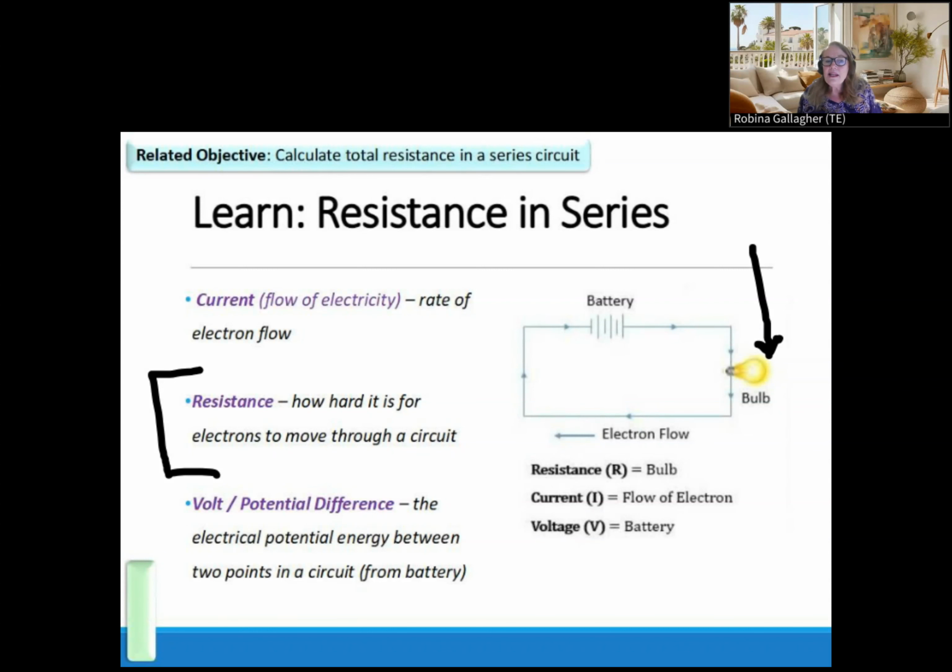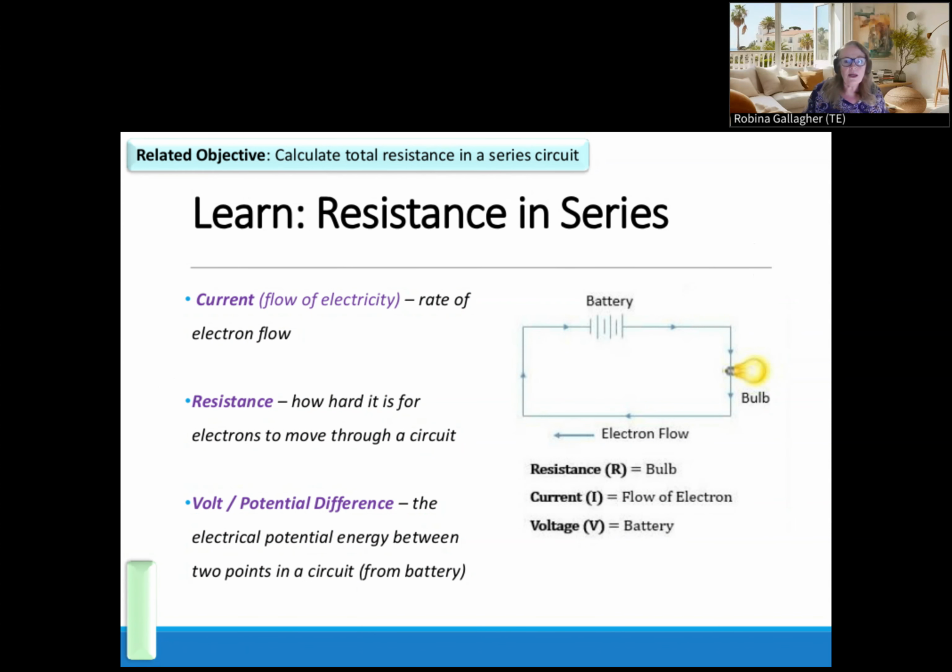And then the last thing that we need to remember is the potential difference. The potential difference is the electrical energy, the difference between the electrical energy at the positive part of the battery compared to the point right before it enters the negative side of the battery. So that difference is measured in volts.